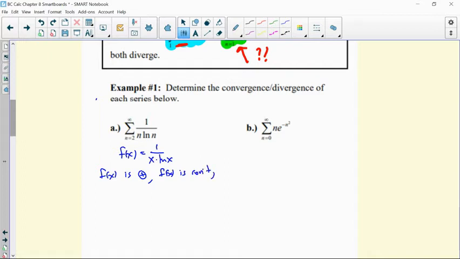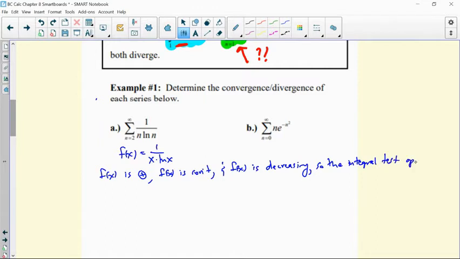And that the terms are decreasing. So because I've met all three conditions, I know I can apply the integral test. So the integral test applies.